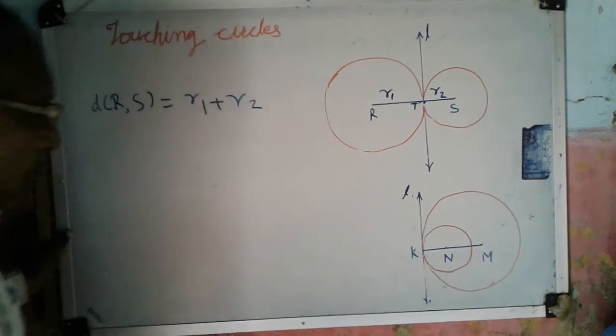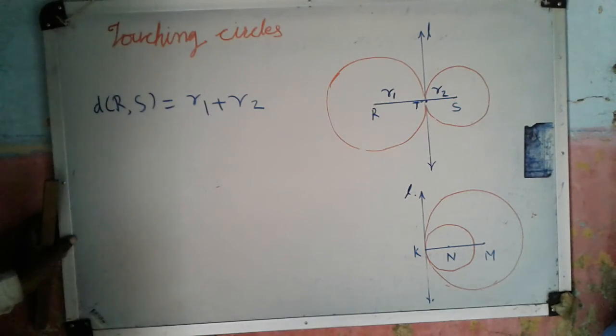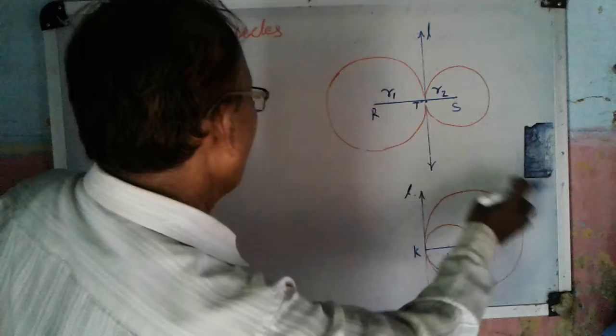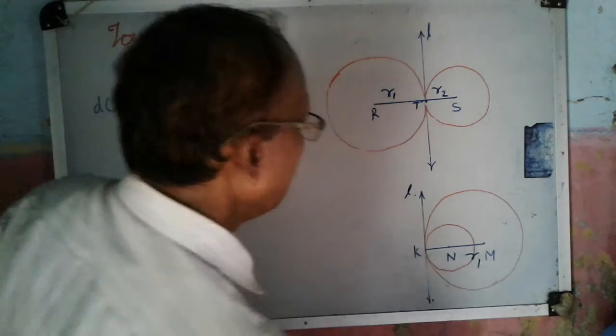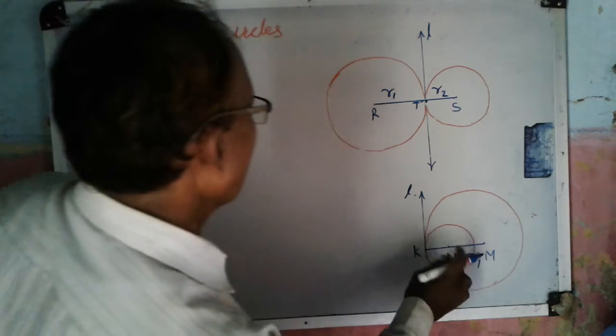Now here, suppose the radius of the outer circle is R1 and the radius of the inner circle is R2.